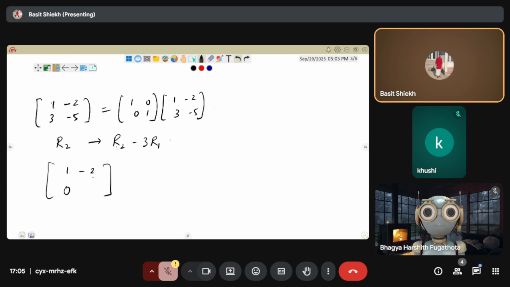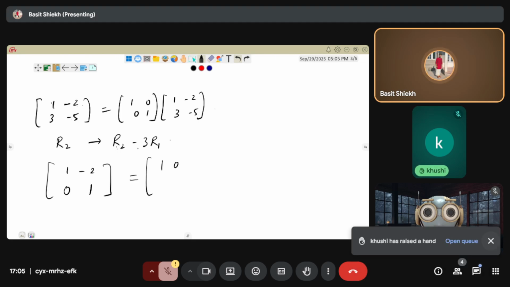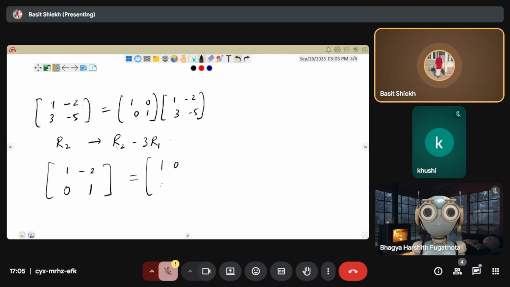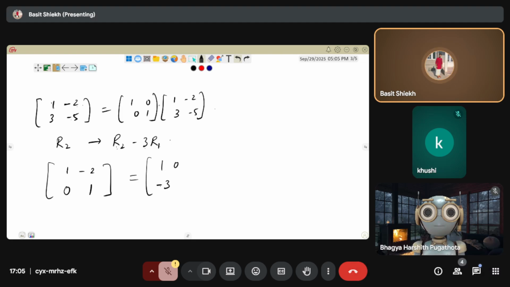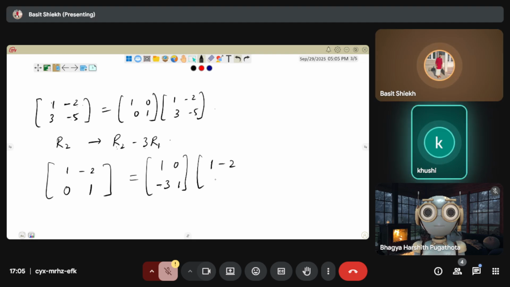Then minus 5 plus 6, so this will become 1. Equals to, first row will remain unchanged. Now here it is 0 minus 3 times R1, so minus 3. And here 1 minus 3 times 0, which is 1. And this I will not touch. 1 minus 2, 3 minus 4.